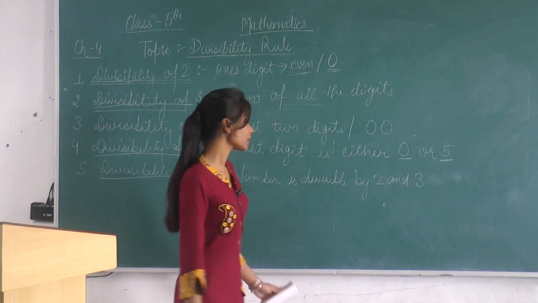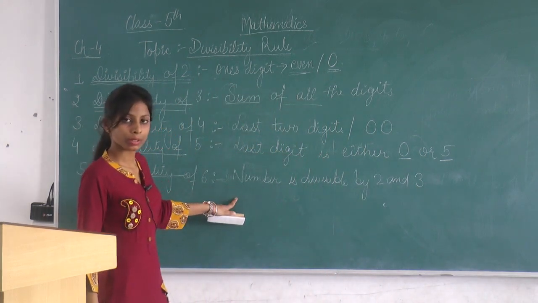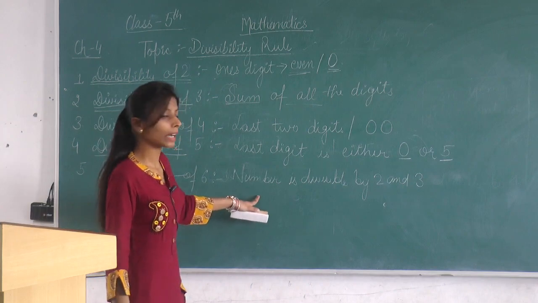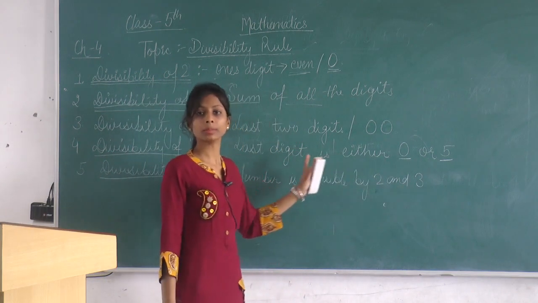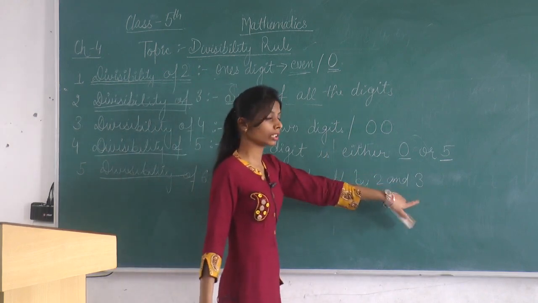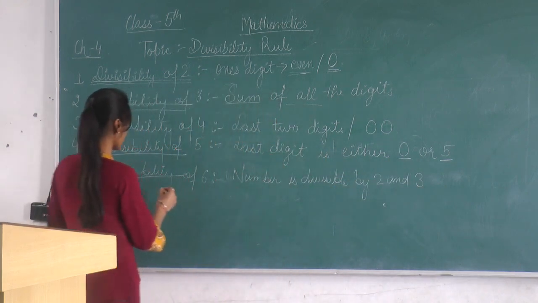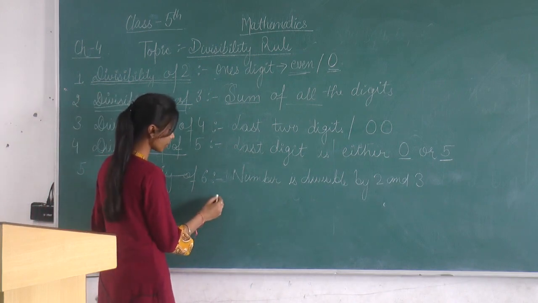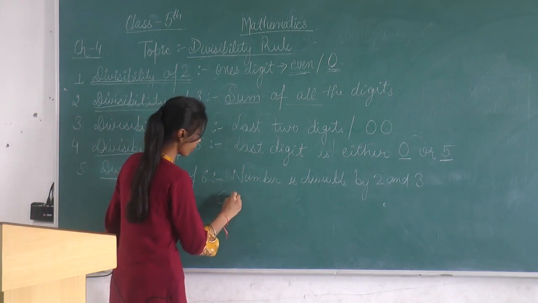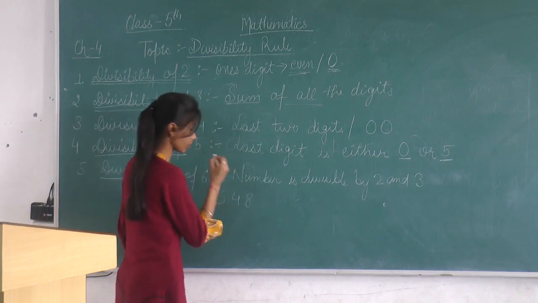In this, for any number you have to check that the number should be divisible by 2 and also divisible by 3. Let's take an example. Suppose I am taking the number 648.